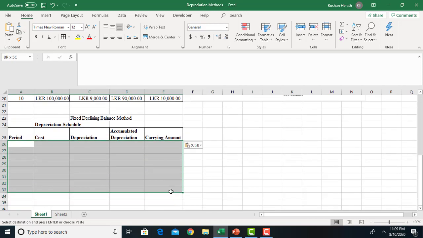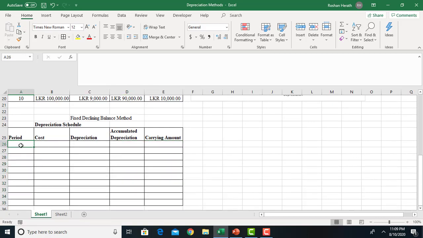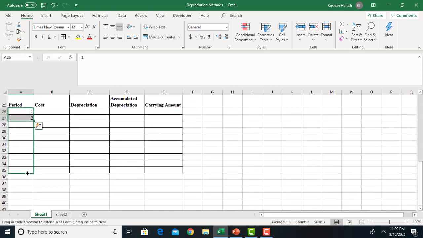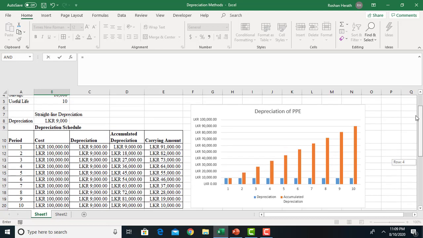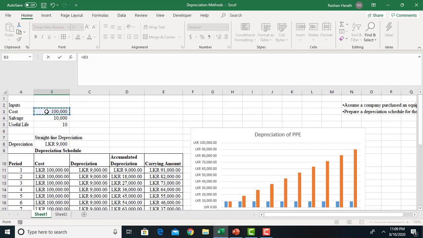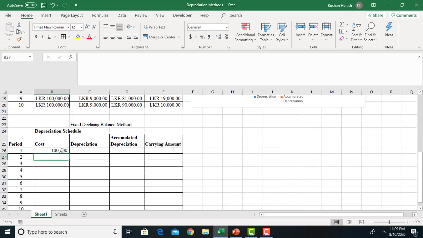Here also we may use the same set of information. So you can take the period up until 10 years. The cost information can be taken from the previous inputs. We may refer to the same inputs, make it constant, and drag it throughout the period.